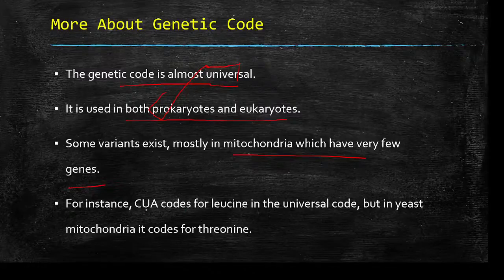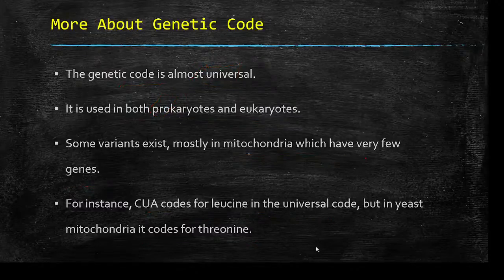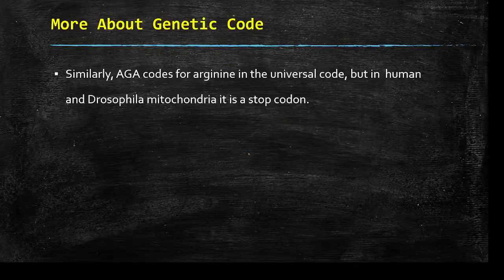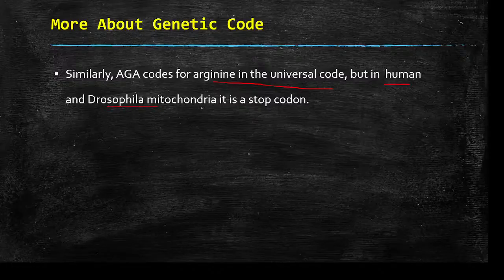For example, CUA codes for leucine in the universal code, but in yeast mitochondria it codes for threonine. Similarly AGA codes for arginine in the universal code, but in the mitochondria of human and Drosophila, it is a stop codon.